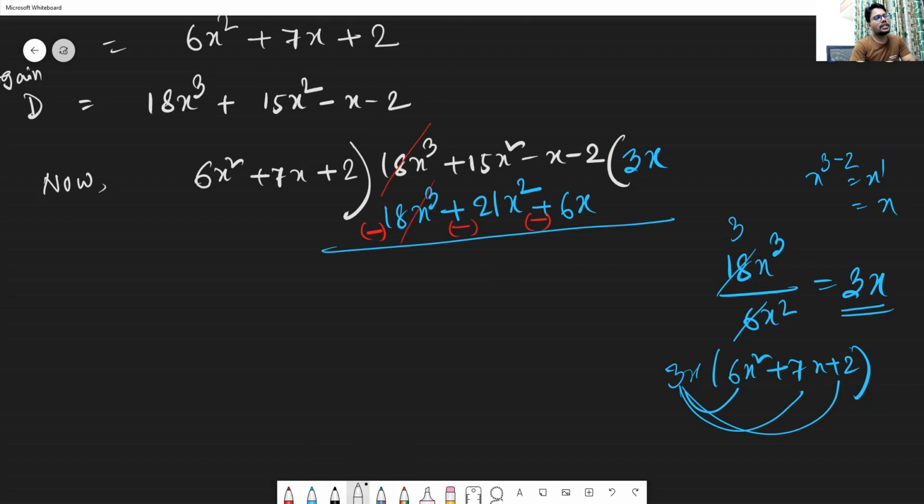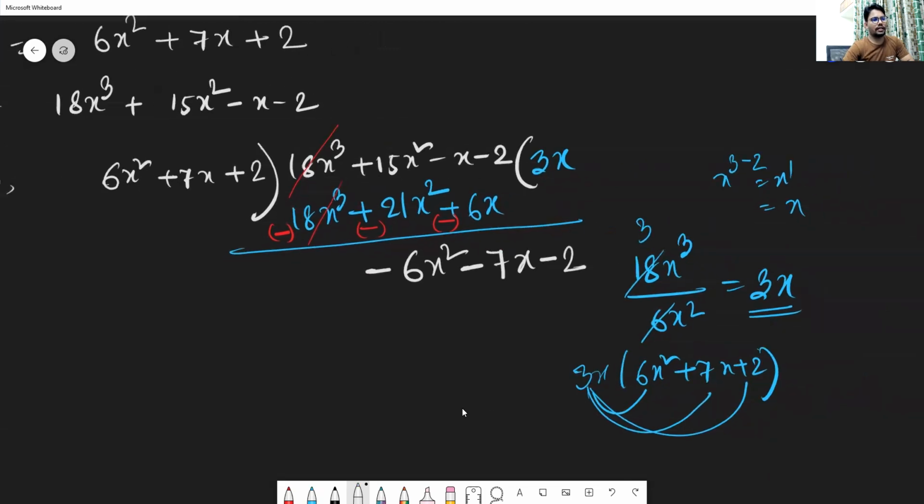So now this is done. Here minus 21 and plus 15, there will be minus 6x square remaining. Then minus 6x, and minus 1x, so there will be minus 7x, and from the upper side the remaining 2.